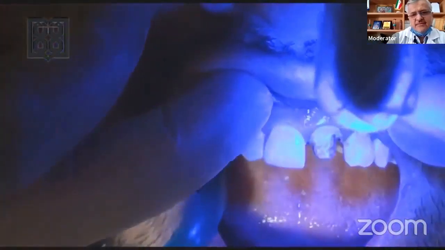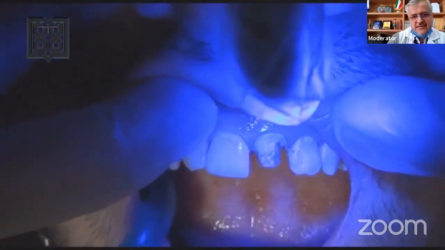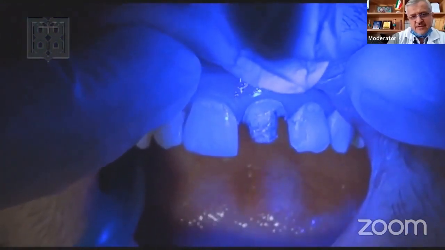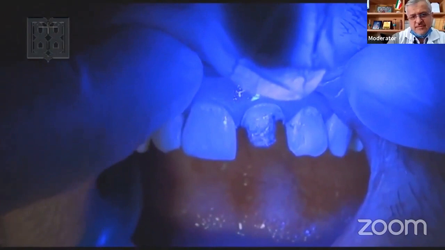After that, I use the light cure for curing the total cement on the coronal part of the tooth.